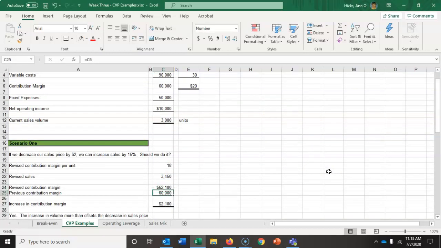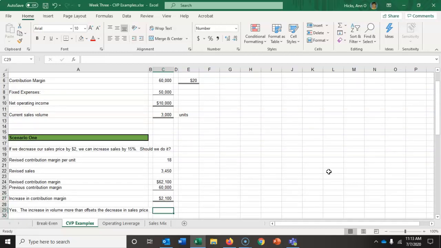Our current contribution margin is $60,000, which means our contribution margin will go up by $2,100. And notice in this particular scenario, we are not assuming any changes in fixed expenses, which means that increase in contribution margin will go all the way to the bottom line, increasing our net operating income, which would imply that, yeah, this is a change we should make.